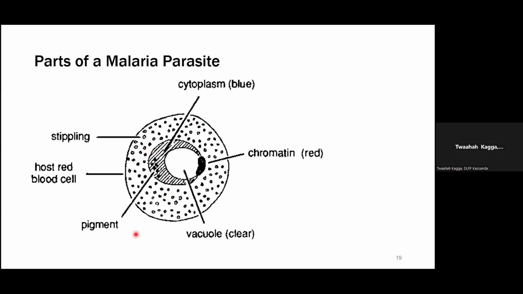Then for the infected red blood cell, which we also call the host red blood cell, we look for its size in comparison to the surrounding red blood cells, or we also look for changes in the cytoplasm of the red blood cell. These changes in most cases are like some dust-like particles, and those particles are called stipplings.